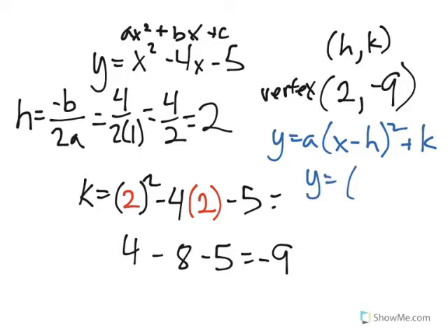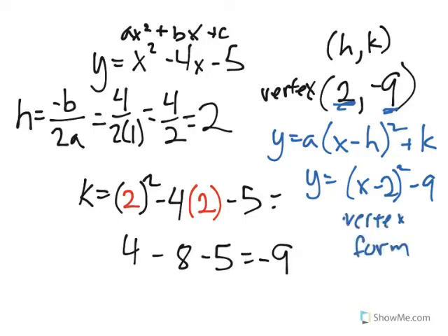So I'm just going to put the parentheses (x minus h). h is 2, so I'm going to just have (x minus 2) squared. And then it says plus k, but since k is negative 9, I could do plus negative 9 or just minus 9. So that would be my vertex form.